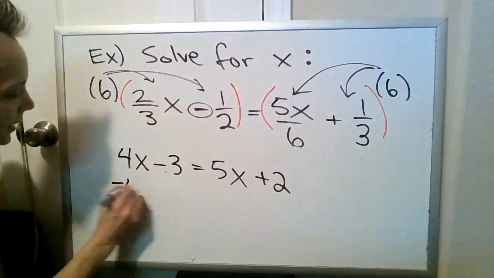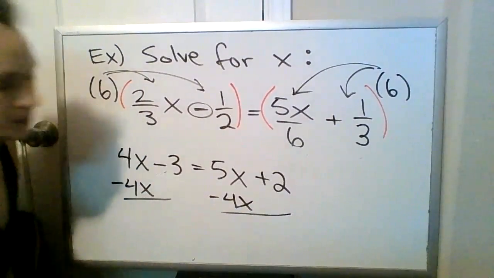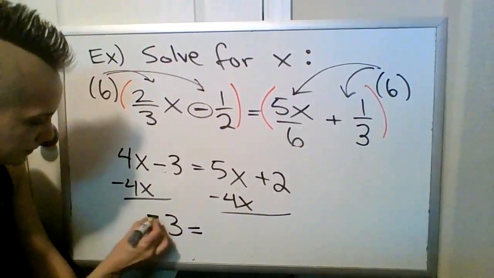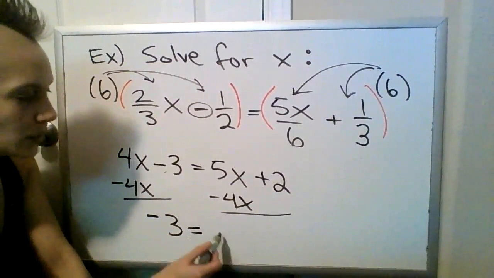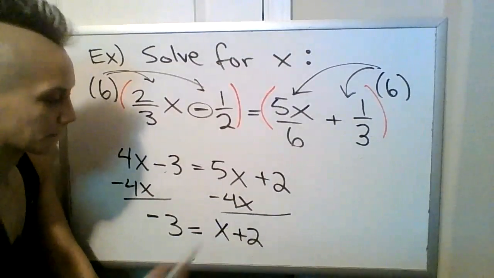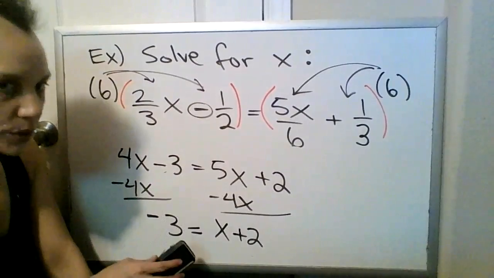Let's subtract 4x. Negative 3 equal to x plus 2. To isolate x, subtract 2 from both sides.